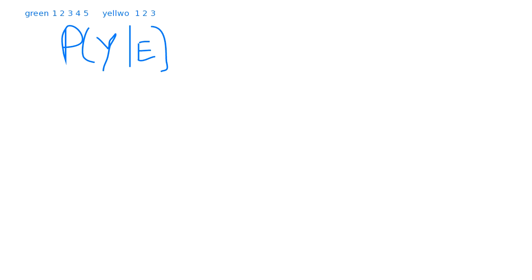One-third. Yay, you guys got it. 1/3, because even numbers are going to be in the denominator. So no matter what color they are, they're even. 2, 4 green, and yellow 2. Those are all the evens, so there's 3 of those.